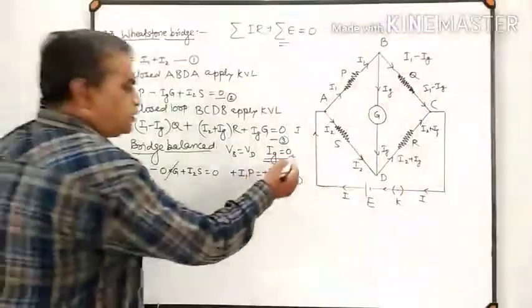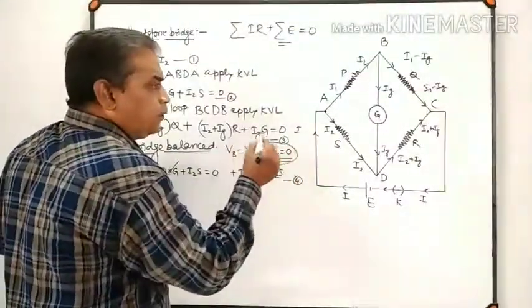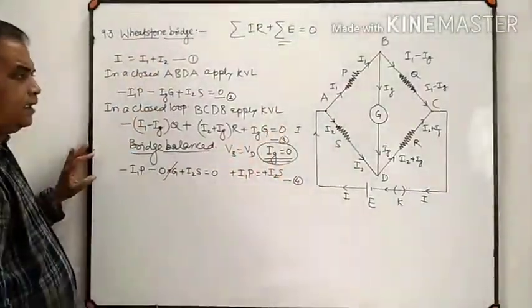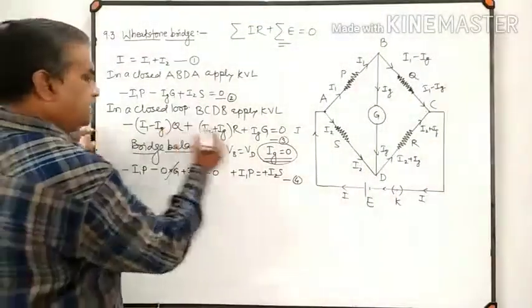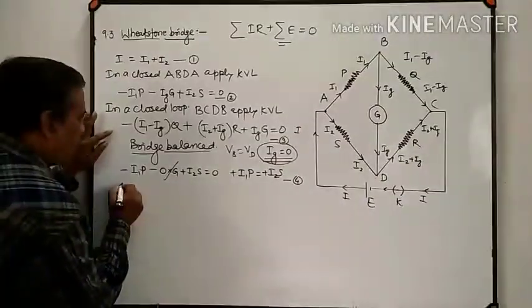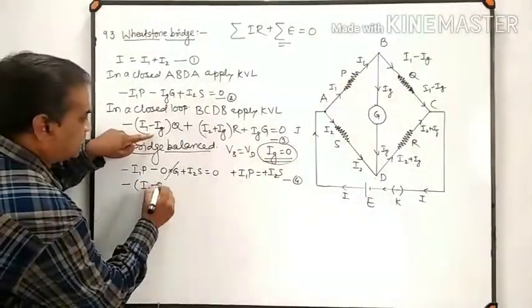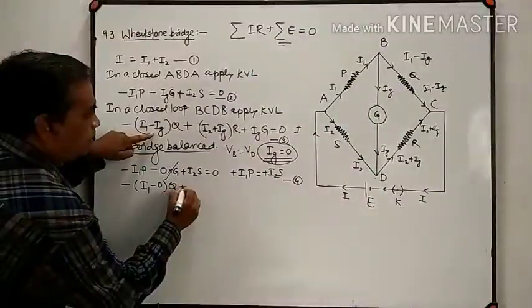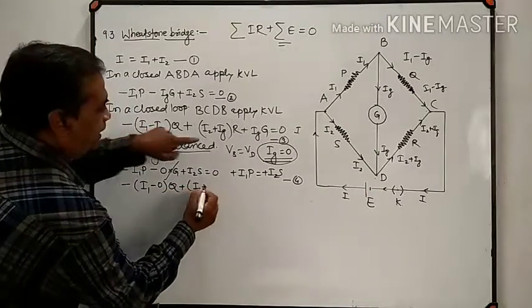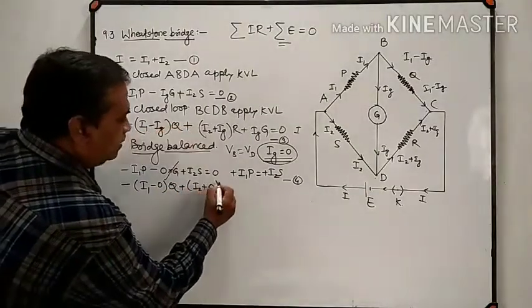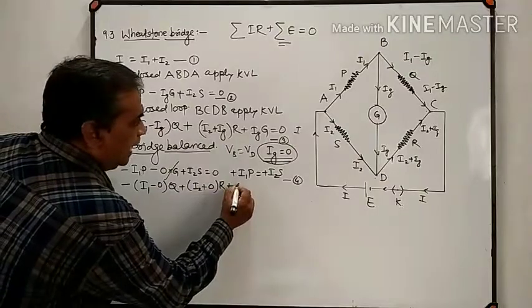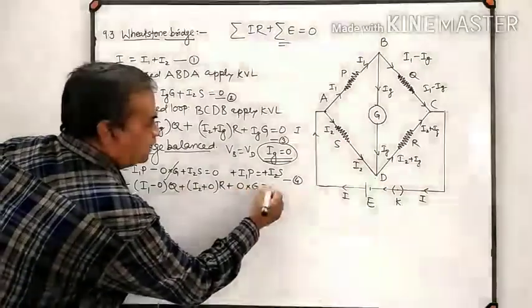Similarly, put the value of Ig equal to 0, which is the bridge balancing condition, in equation number 3. So minus I1 minus 0 into Q plus I2 plus Ig means 0 into R plus Ig 0 into G equal to 0.